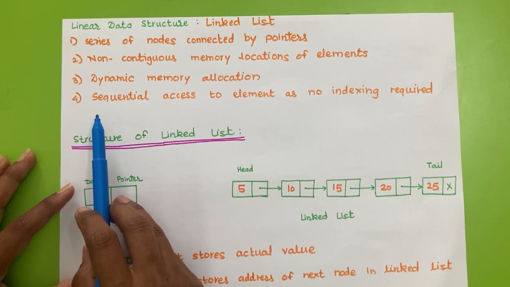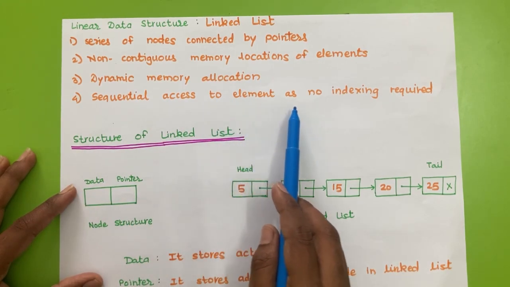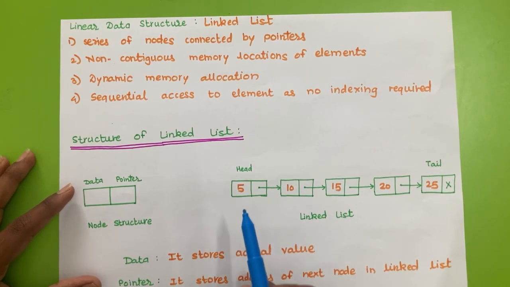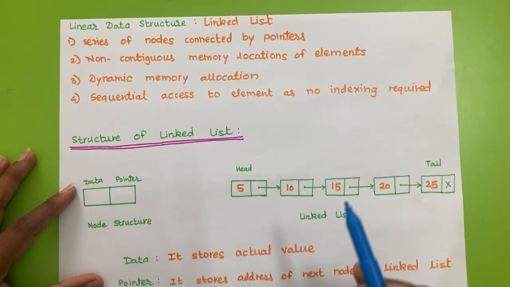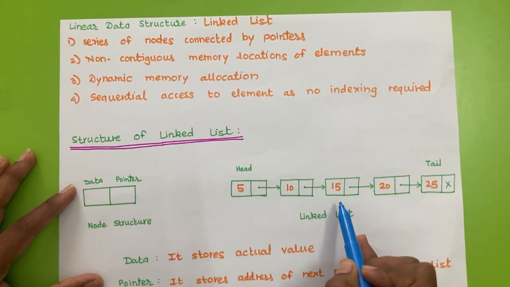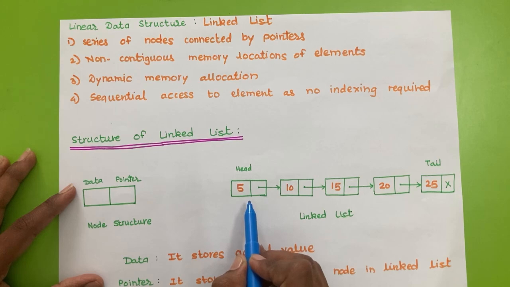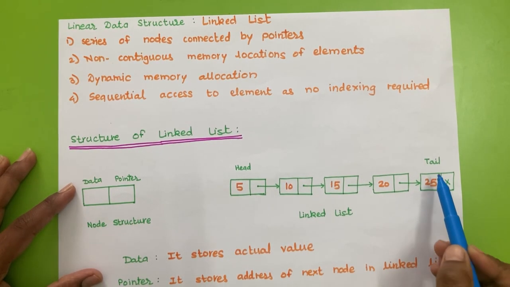Now the next characteristic is sequential access to elements, as no indexing is required. A linked list doesn't have any kind of indexing, so if we want to access any element in the linked list, we have to start with the first node. The first node of the linked list is called the head node and the last node is called the tail node.